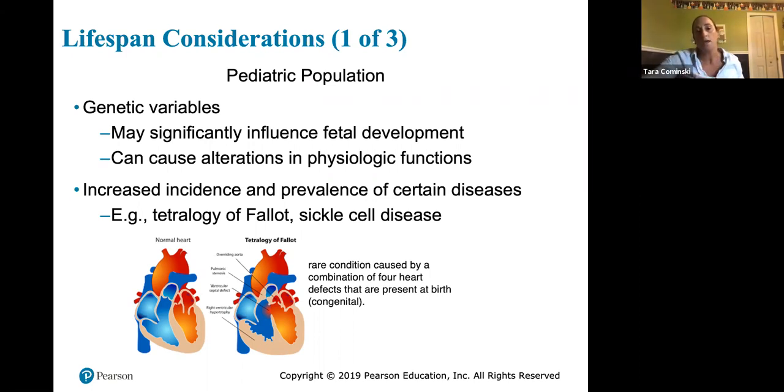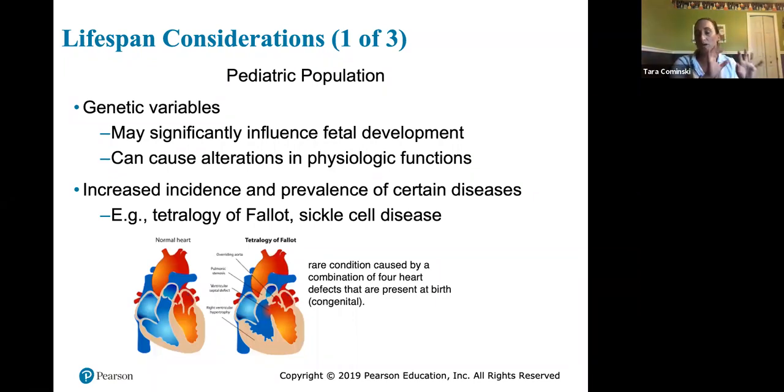But in terms of lifespan considerations, it's important to know your population, right? And to know that there are certain diseases that a child is more inclined to get, and certain diseases that you only see in the geriatric population, and certain ones that you really only see with pregnant women. So that's the idea: you have to think about these things if you're trying to diagnose a patient and really understand what's going on.